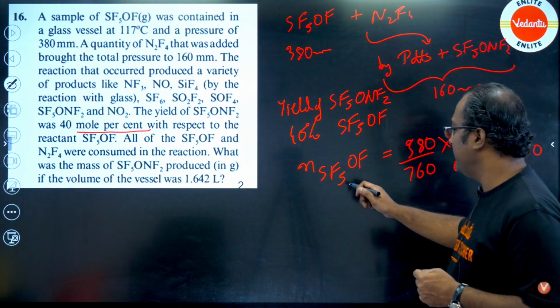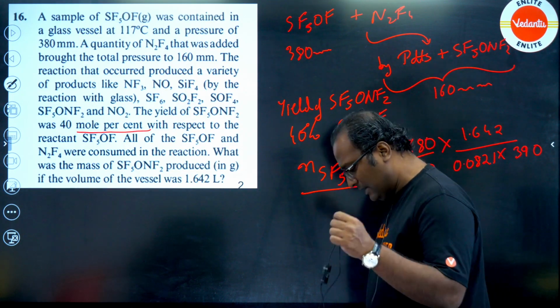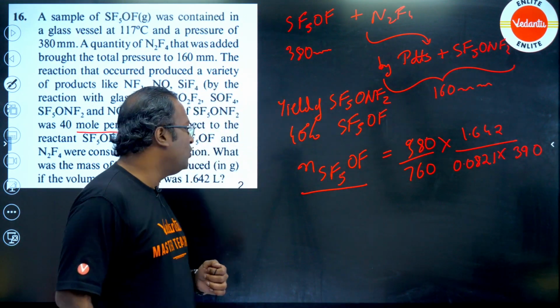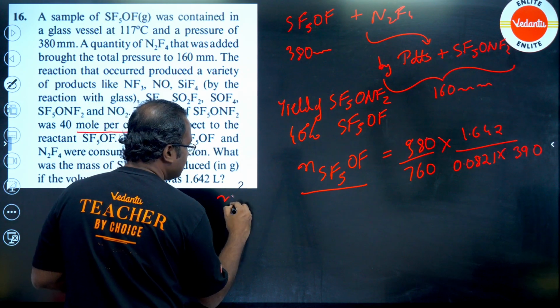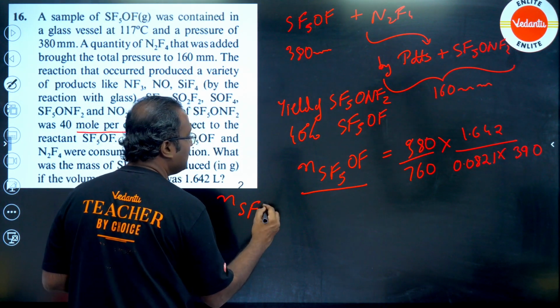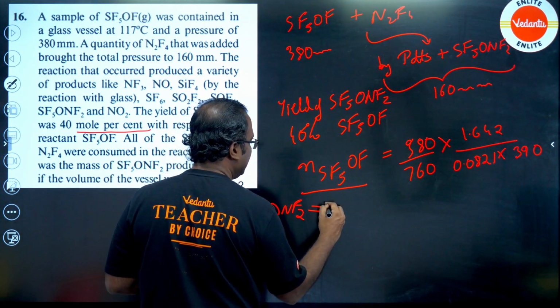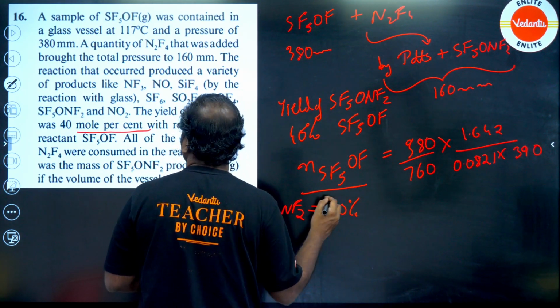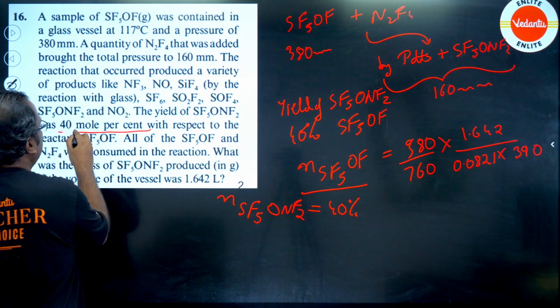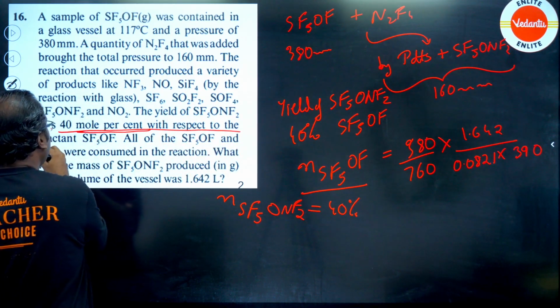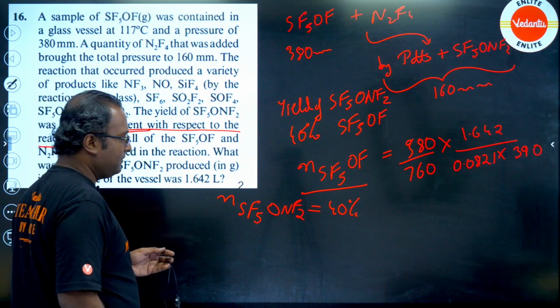So from this we can find moles of SF5OF. Now the product that we are looking forward to, moles of SF5ONF2, is 40%. Look at the question, it is 40 mole percent with respect to the reactant SF5OF.